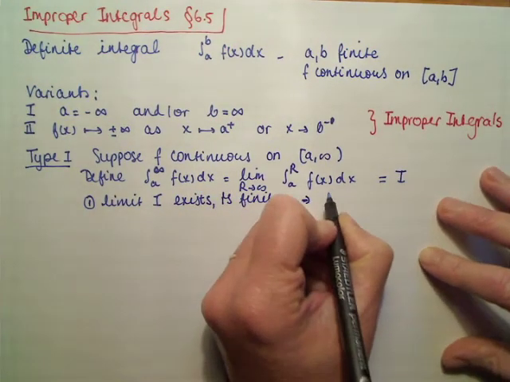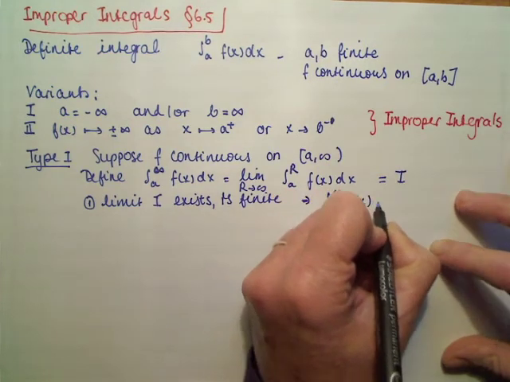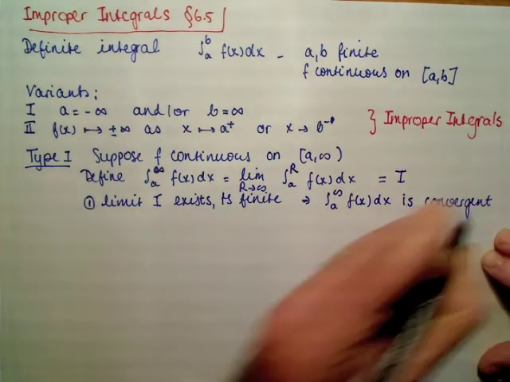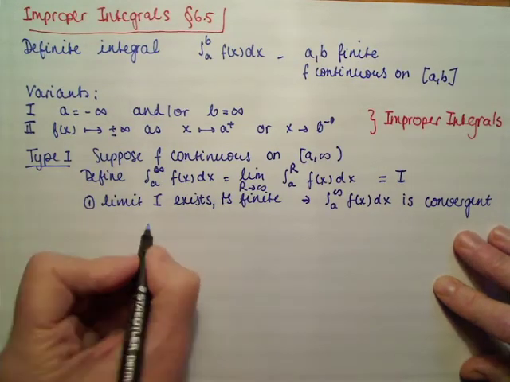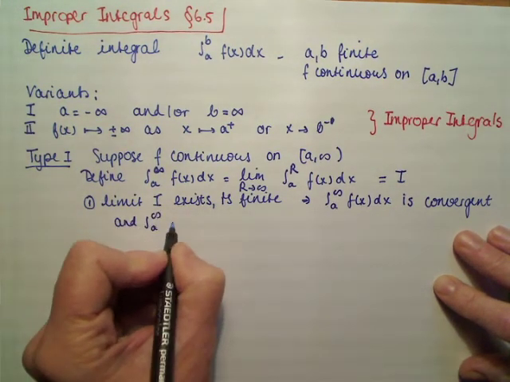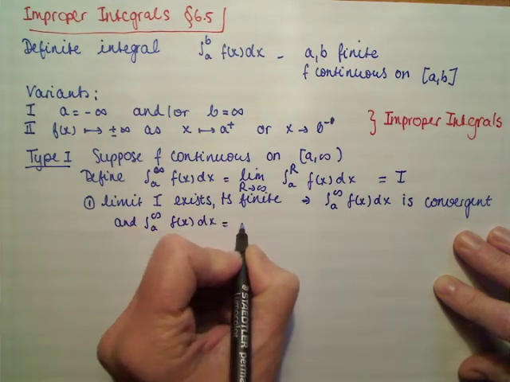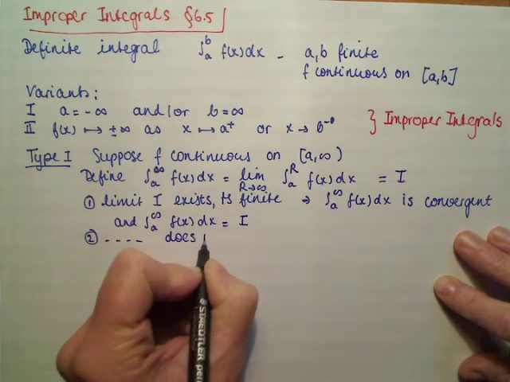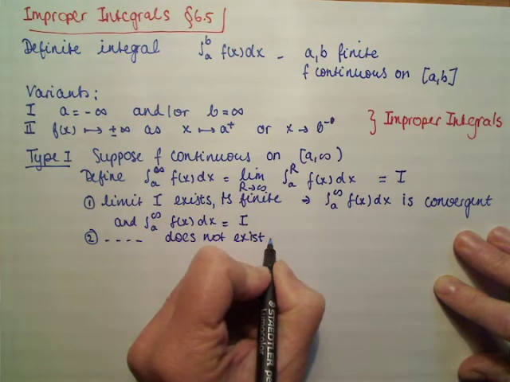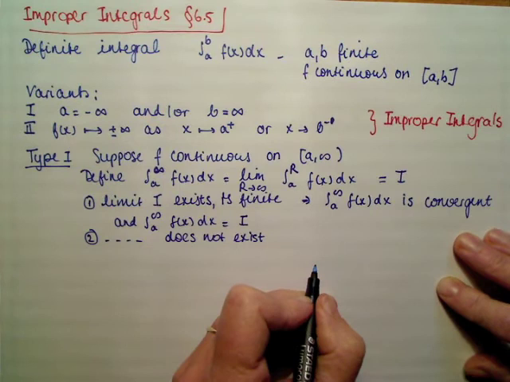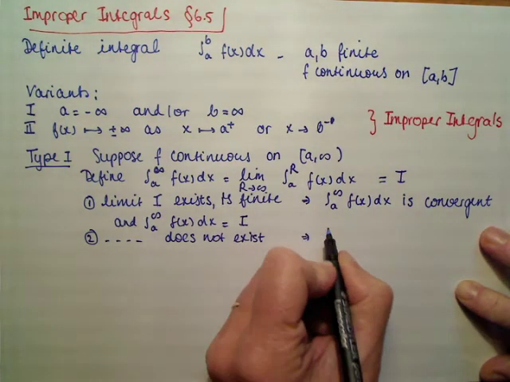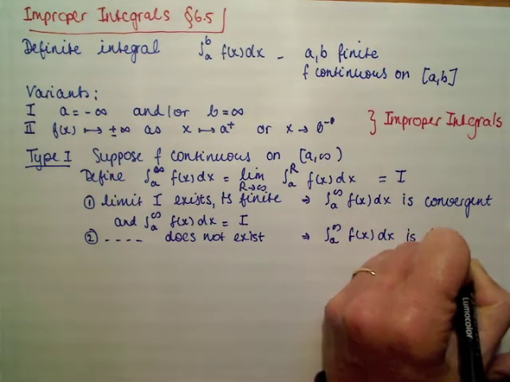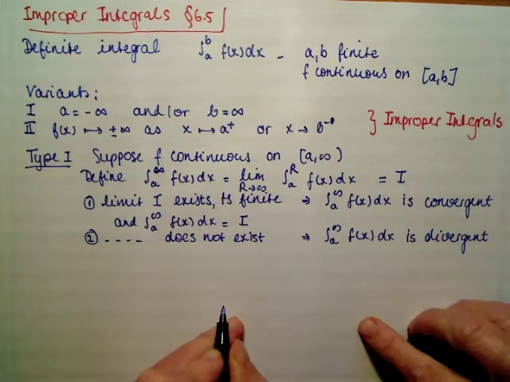Then we say that the improper integral from a to infinity of the function f is convergent, and the value is equal to I. Or this limit does not exist, or maybe is infinitely large, because then we also say that it doesn't exist, and we call this improper integral divergent. And we have no answer in this case.